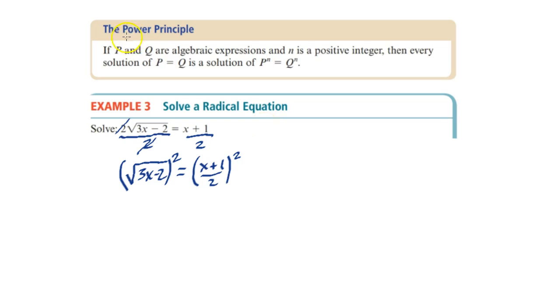So the power principle is similar to the other equality principles that we dealt with earlier in the section, the addition and subtraction equality principle and the multiplication and division equality principle. The idea is what you do to one side, add, subtract, multiply, or divide, you must do the same exact thing to the other side of the equation. So if I was to add 2 over here, I would have to also add 2 over here.